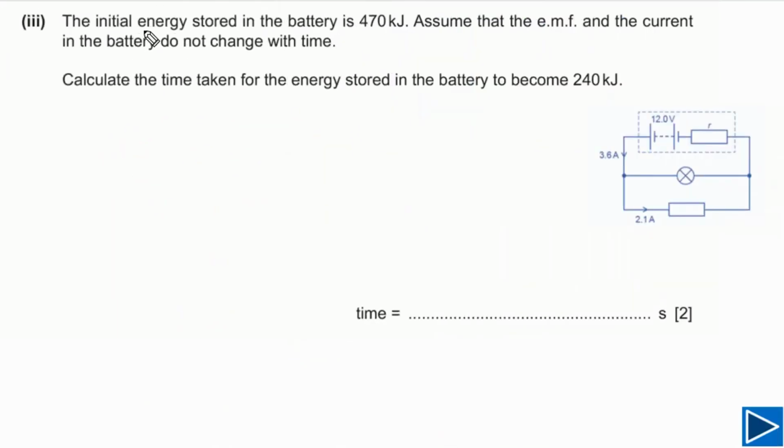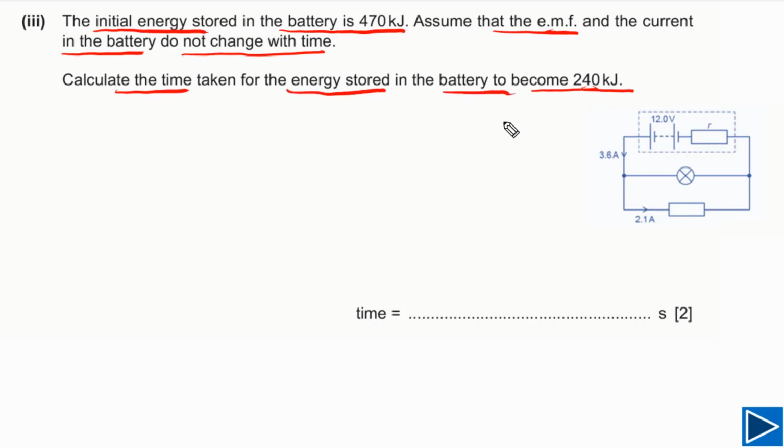For the third part, the question is simply asking us that the initial energy stored in the battery is this, and we need to assume that the EMF of the power supply and the current in the battery do not change with time. We need to calculate the time taken for the energy stored in the battery to become 240 kilojoules. Or we can simply draw it like this.